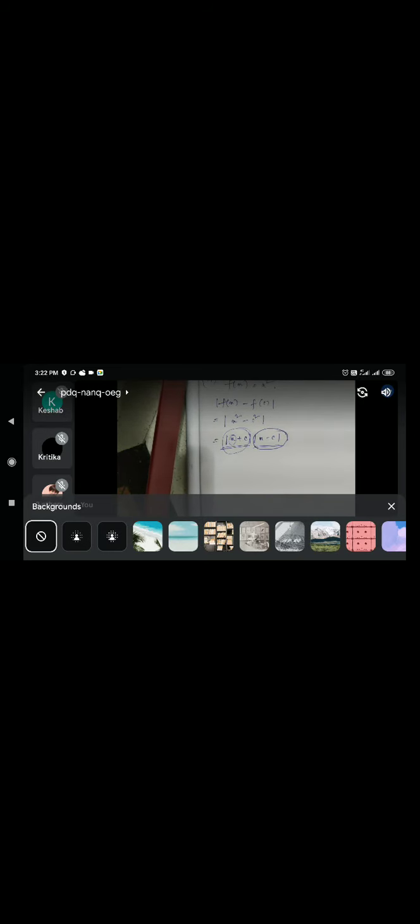Just like the limit problems, exactly the same thing we have to do to find the delta. Forget about continuity.